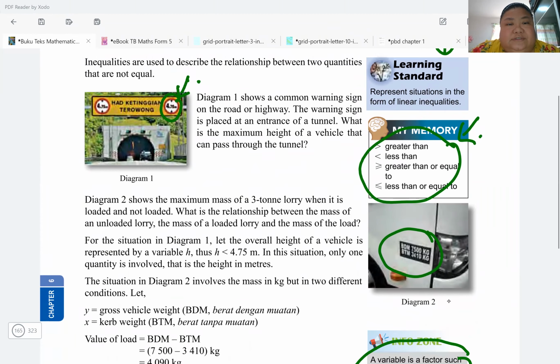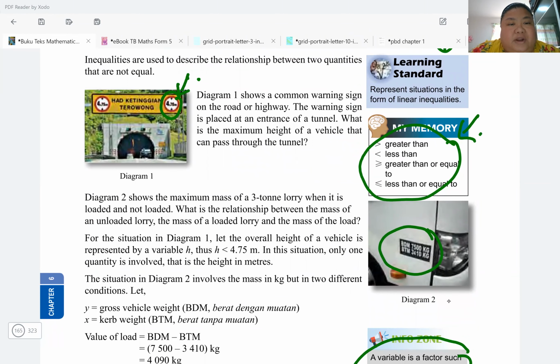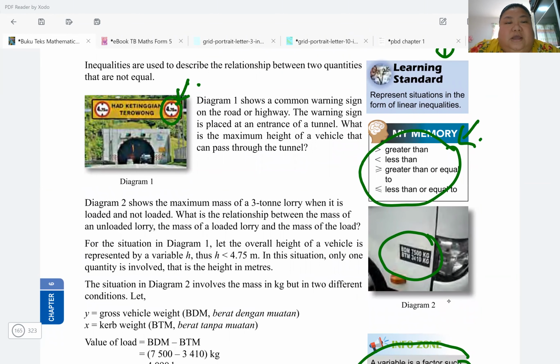Look at diagrams 1 and 2. These two diagrams show a common warning sign, except that in Sarawak we don't have the tunnel. But if you go to the basement of Bintang Mega Mall or the shopping complex here, it was stated that the height limit is, for example, 2.1 meters.